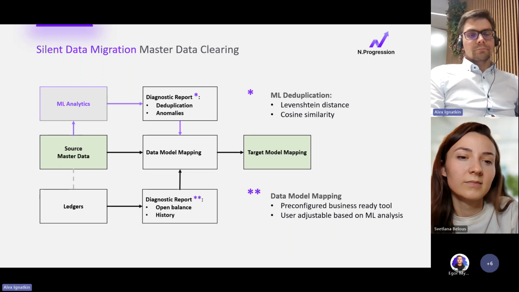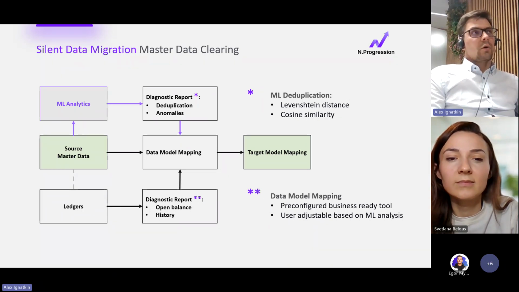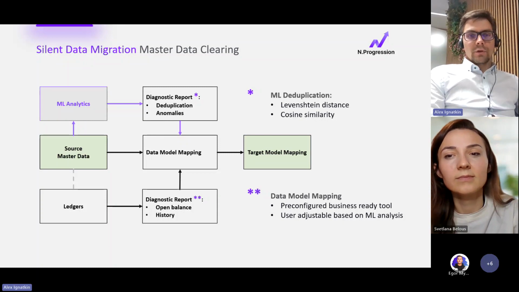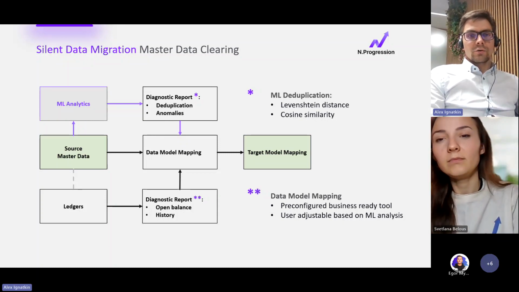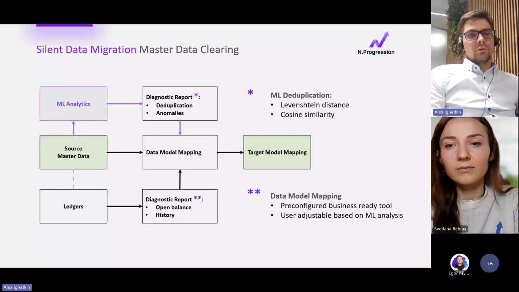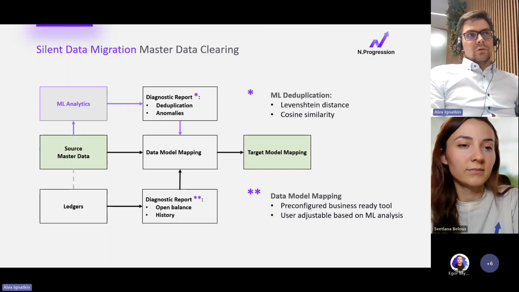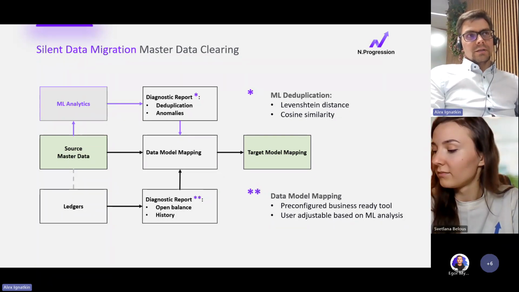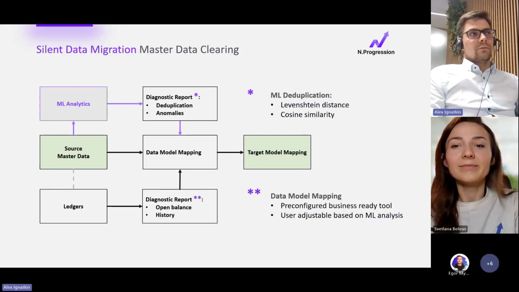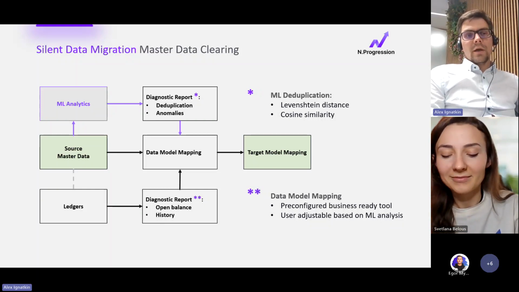For example, our deduplication algorithm uses Levenshtein distance and Gaussian similarity to find out which master data are duplicated. And if you are talking about anomalies, it means, for example, that some fields are empty, and it's strange if we look at the whole master data.